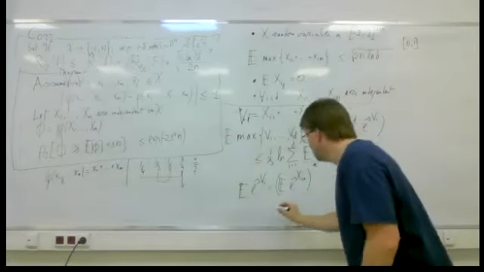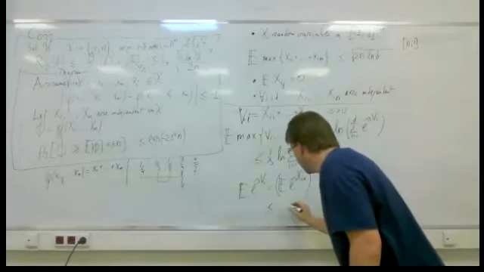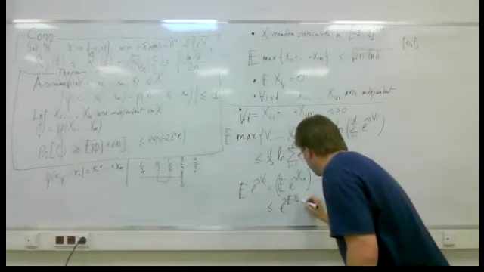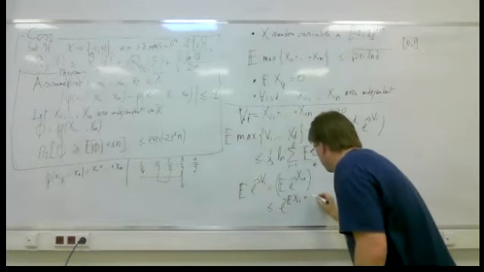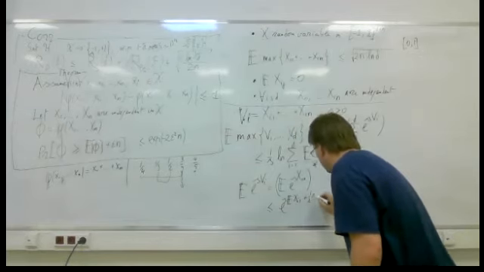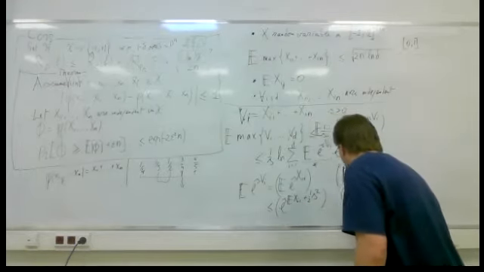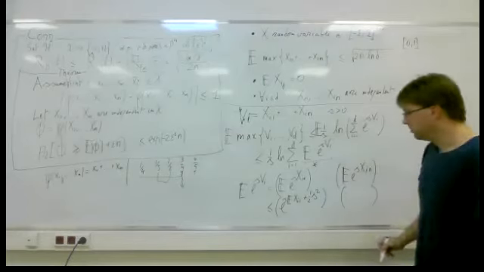So each term is bounded by e to the power s times expected value of x_i1 plus 1/2 s squared. And then similar for the other terms.